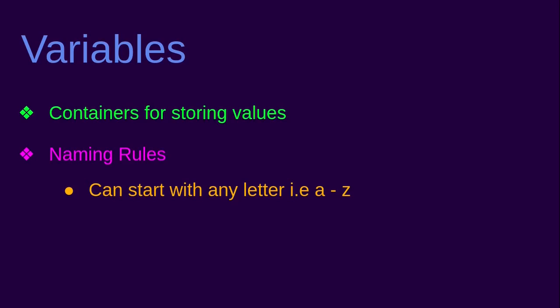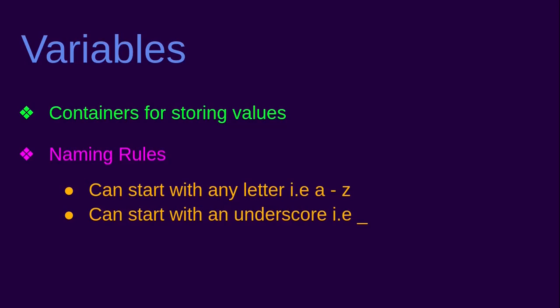So what we want to do is with naming of a variable, right? You can start naming your variable using any letter from A to Z. Literally any letter from A to Z. Then you can also start with an underscore.